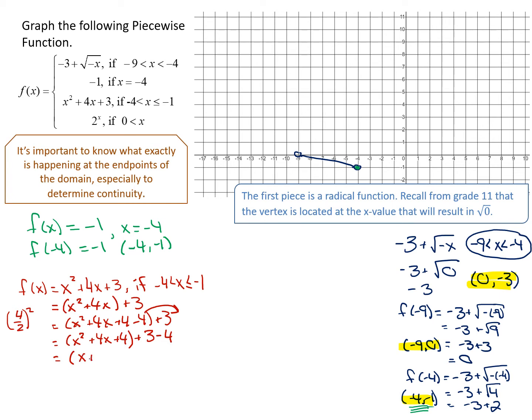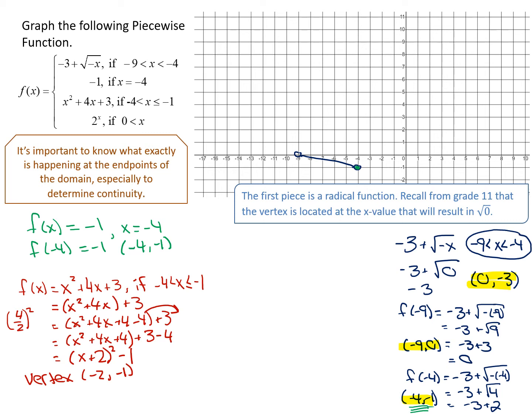This is x plus 2 squared minus 1. If you've forgotten how to complete the square, there is a video, I think, back in the grade 11 review section on how to complete the square. So I've got my vertex. My vertex is at -2, -1.